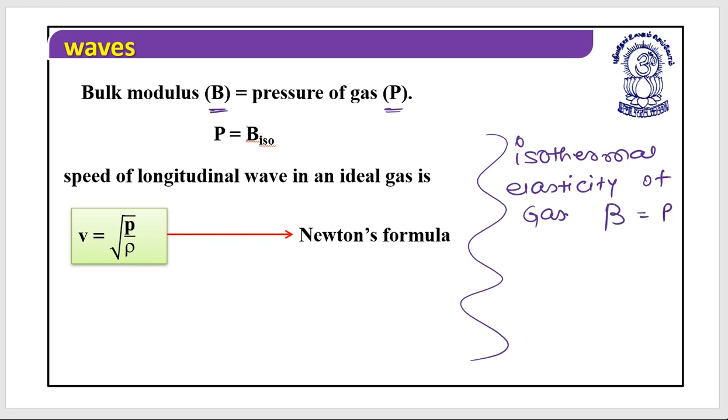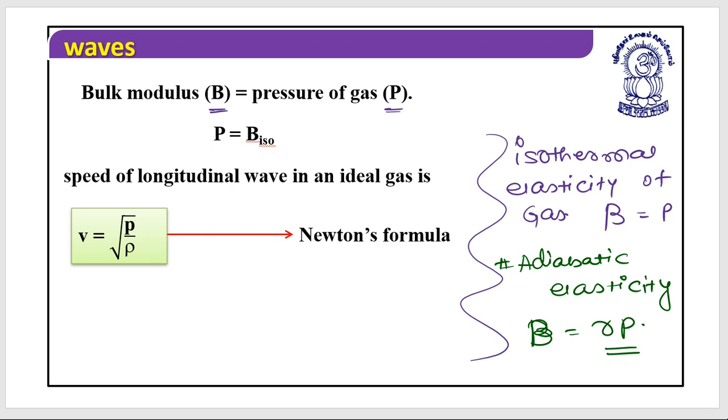We have one more elasticity which we are going to use in the near future, the adiabatic elasticity. This adiabatic elasticity is B equals gamma times P. Please do remember this.